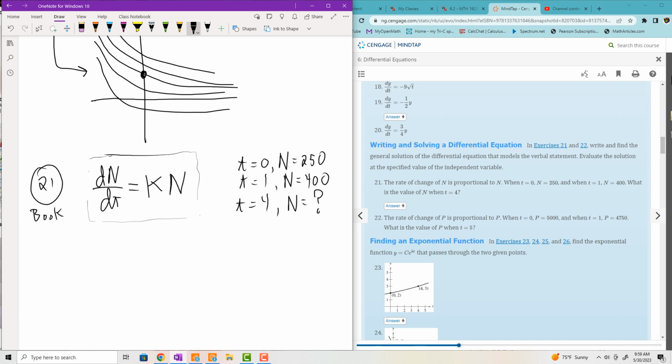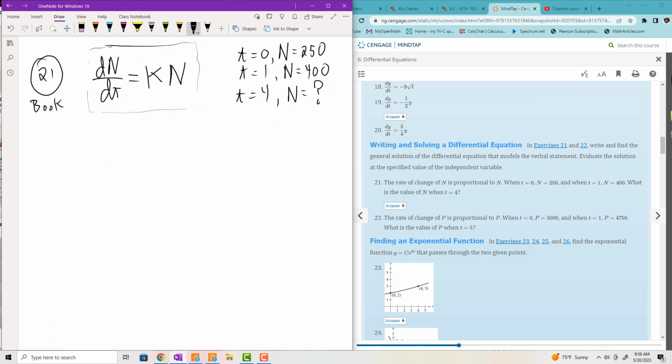Okay, so first off, I'm going to solve that differential equation. So I separate variables. I'm going to divide both sides by big N, multiply both sides by dt, leave the constant on the right. Then I'm going to integrate both sides. That k is a constant. You can pull it out of the integral, believe it or not.